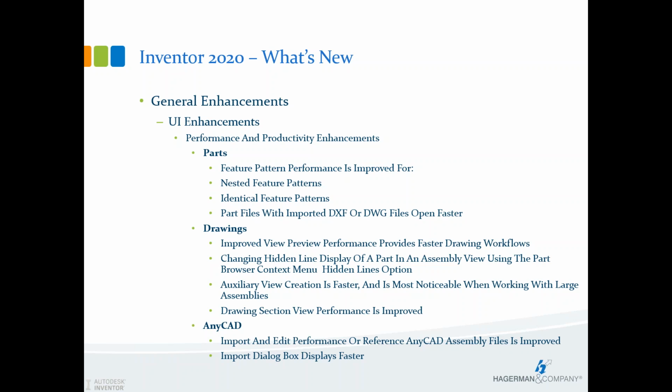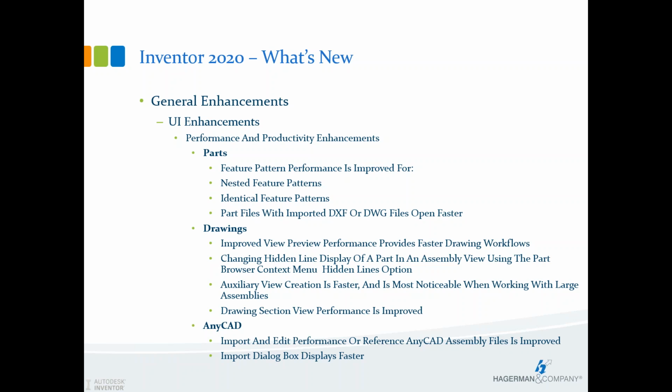If you're working with the Inventor nested utility, the nested feature environment, so much faster working with those. Part files, if you've got DWG overlays or importing DXF and DWG files, so much faster if you're using the import 3D solid command, bringing in the old mechanical 3D files, so much faster bringing those in with Inventor 2020 as well.